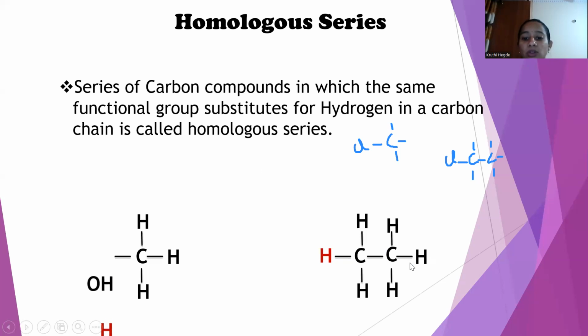Here also hydrogen is removed, and OH is taking the place. In both the cases, whatever I had written above as chlorine, here OH is taking the place. So these two are called a homologous series because both of them have the OH functional group. OH functional group means alcohol as the functional group.